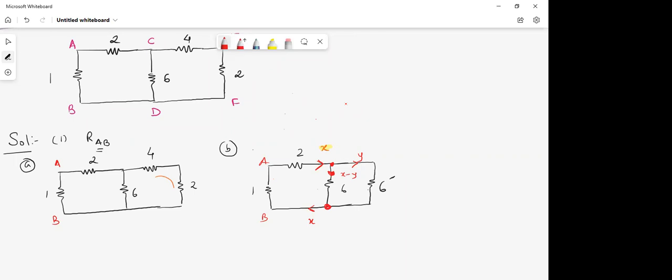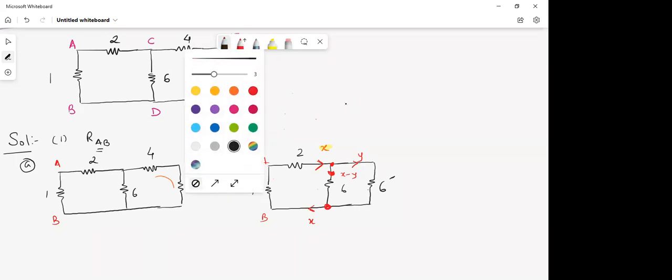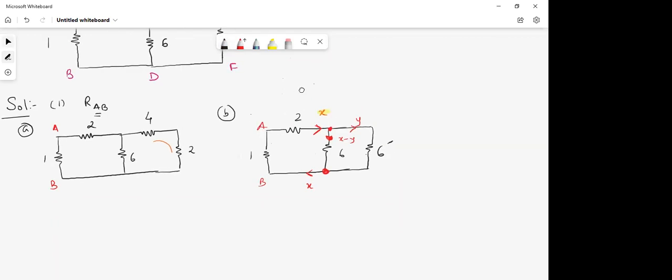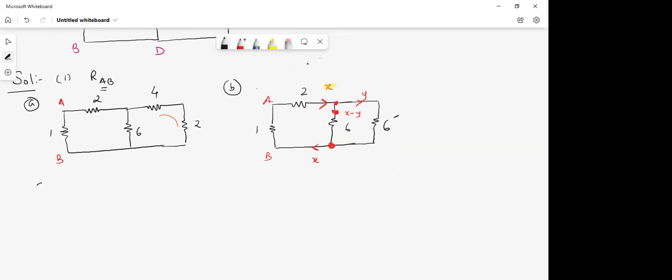Since we have understood the 6 and the 6 are in parallel, we'll take step C. In step C, 6 parallel 6: whenever two same resistors are in parallel, the equivalent is straight away half of that. So we have reached that third step.